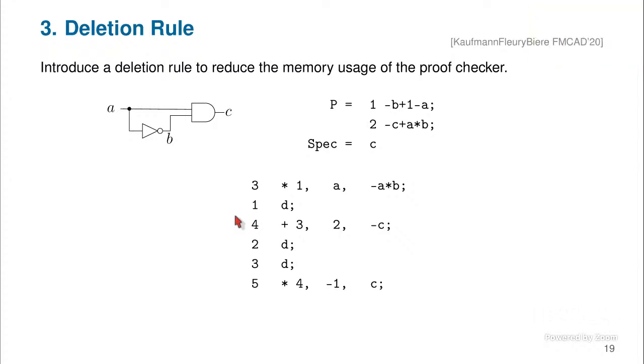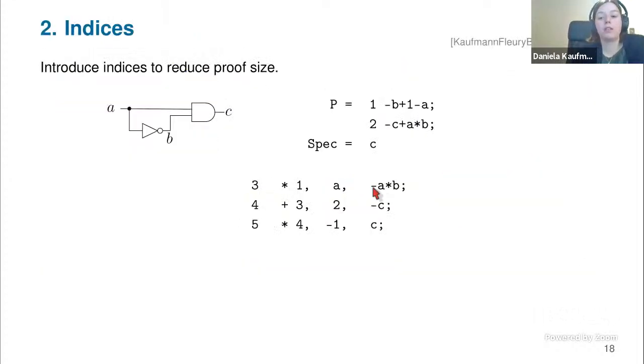So a question is, having labels or line numbers for the constraints, is that mainly to bring the proof size down? And if so, how important is it? Yes, so it brings the proof size down, because we now write down conclusion polynomials only once.